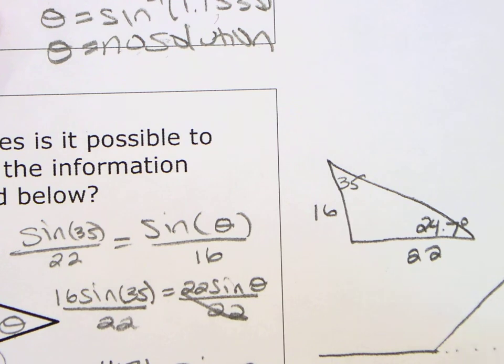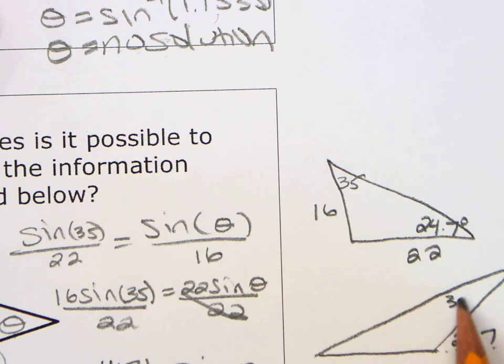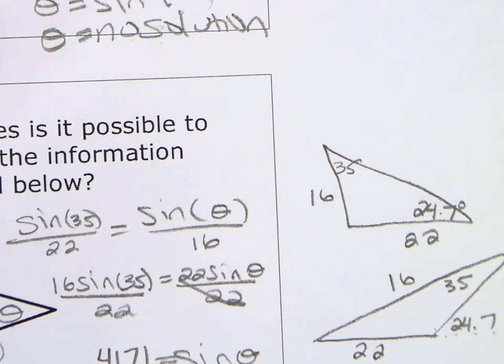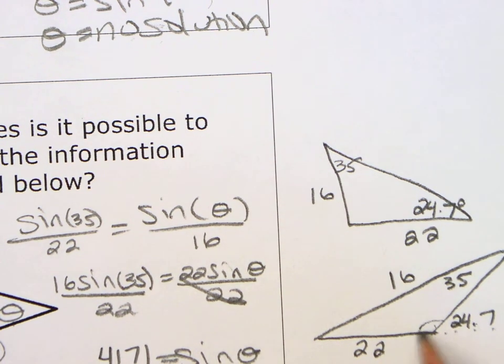So this is my 24.7, this is my 35. Which one is 22? 22 and 16. The question is, can I make this triangle? Is this possible?